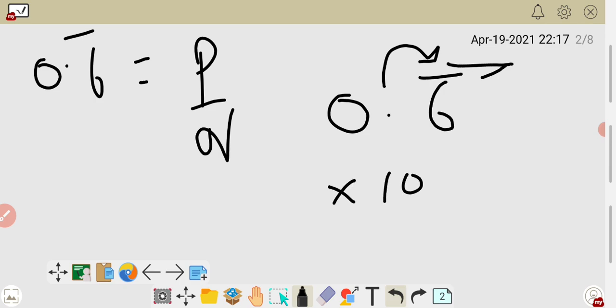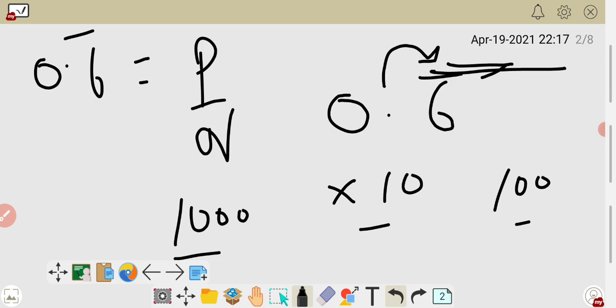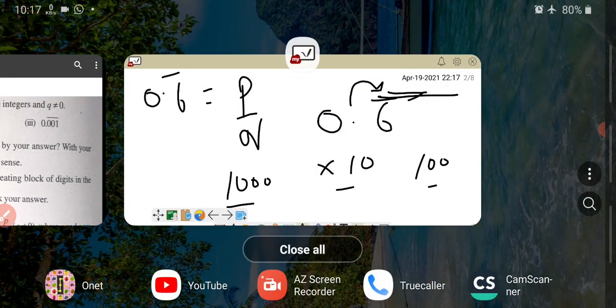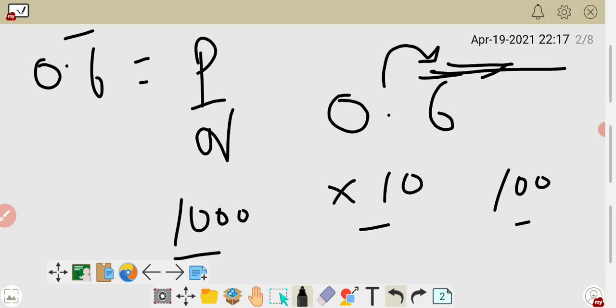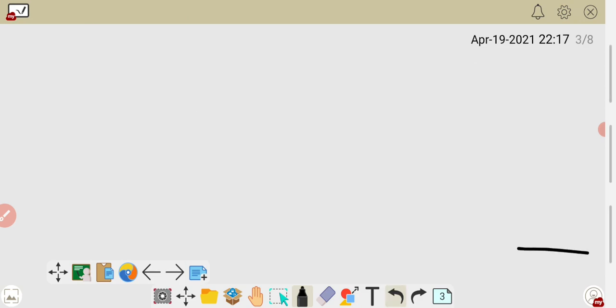If the bar is on 2 digits, we multiply by 100. If the bar is on 3 digits, we multiply by 1000. These are the steps only. Firstly, I am telling you the basic concept. When we explain the question, then we understand it all in detail. Okay, now I come to the proper solution.